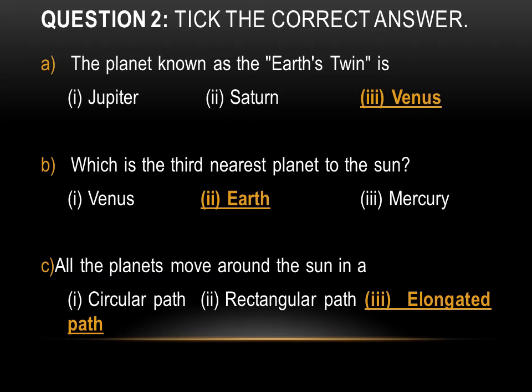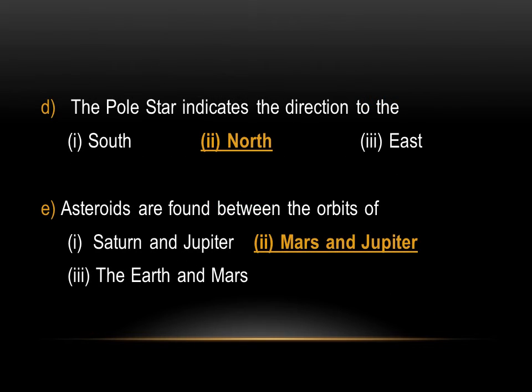Next one. All the planets move around the Sun in: circular path, rectangular path, or elongated path. The answer is elongated path. Elongated means which is widened. It's not a proper circle. It's obviously not a rectangle, but it is elongated. D. The pole star indicates the direction to the north.